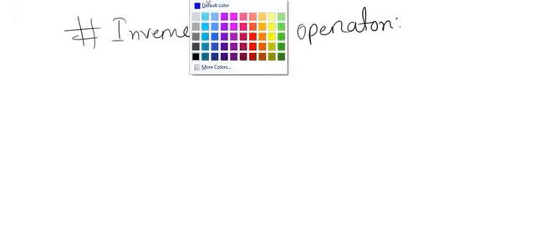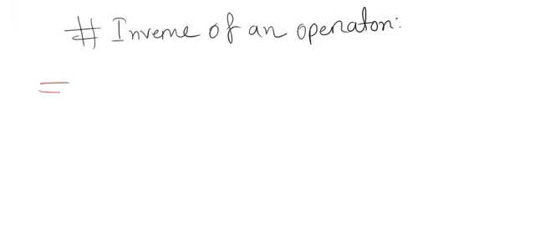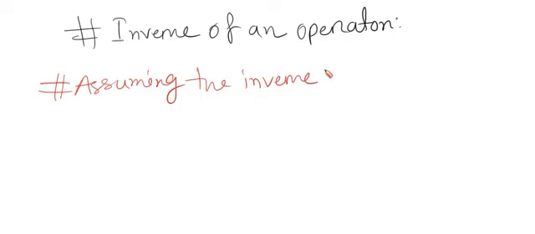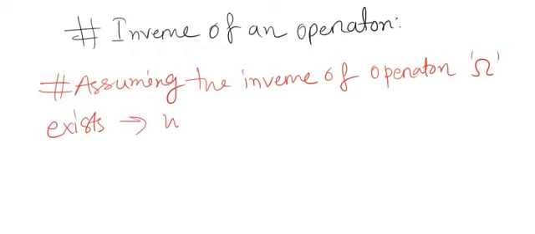So let me write a bold assumption: assuming the inverse of operator omega exists. We accept it because we are assuming it.